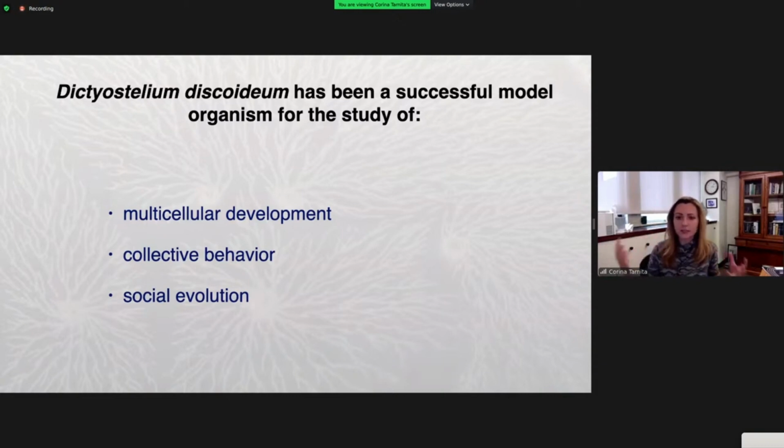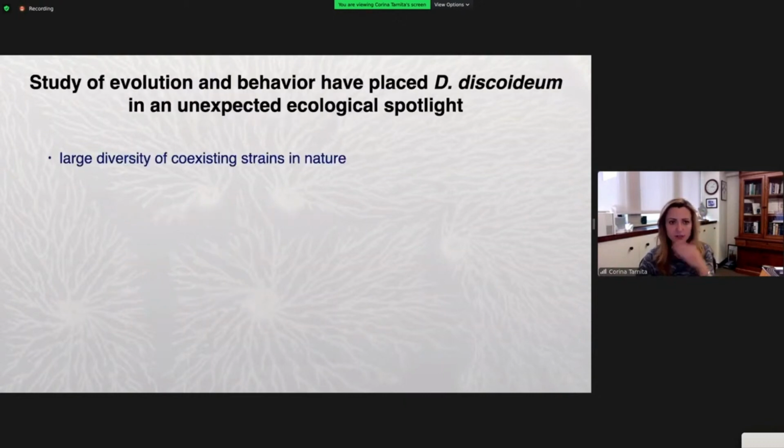There's obviously the potential for cheating to happen, because why would you want to die in the stalk when you could be a resistant spore and move on? And so it's been a really interesting model system for a lot of exciting questions in social behavior and multicellular evolution, and more recently also in an ecological context. And I believe that they're all kind of tied together, and that's partly what this talk is going to try to link.